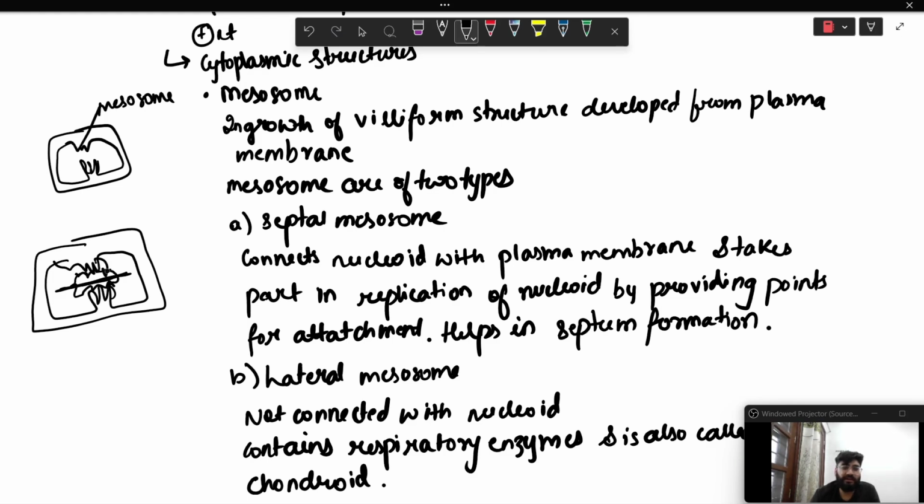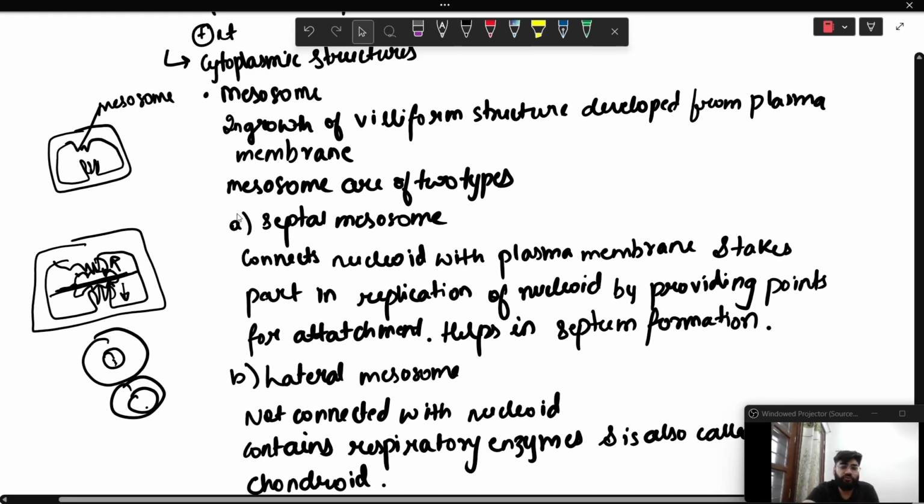One mesosome is going to connect with the other part of the nucleoid, and it is going to pull half of the nucleoid here and half there. Then the nucleoid is going to get split in half, and we are going to see two different daughter cells. So this is what the septal mesosome does.